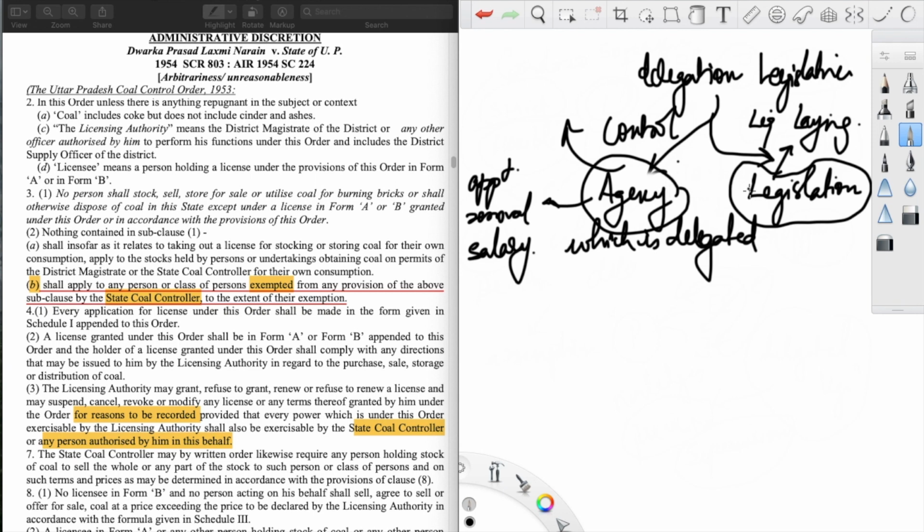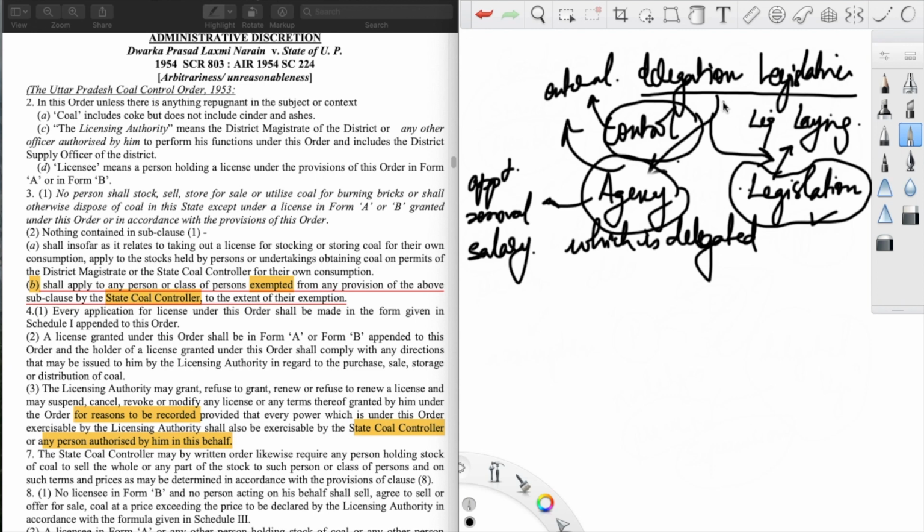Now, from both these two, we find the reason that even when the legislative function is delegated, there are controls which have to be made into the legislation and also something which are external to the legislation.